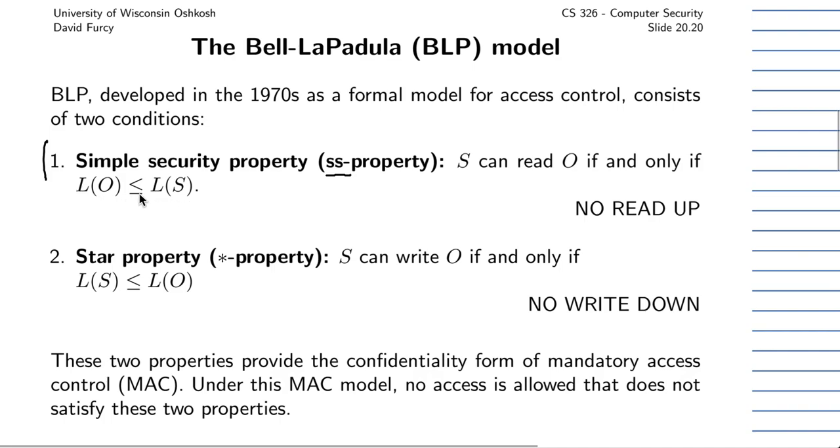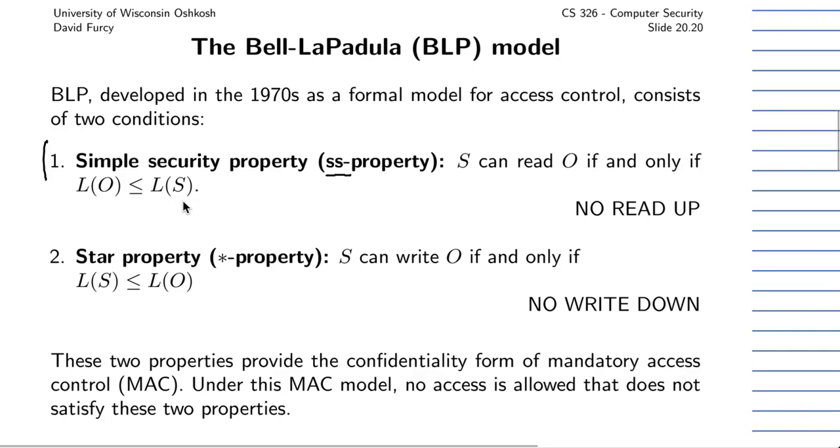Remember that L stands for label. We can also interpret it as the level. And remember that the security label of an object is called its classification, whereas the security level of a subject is called its clearance, his or her clearance.